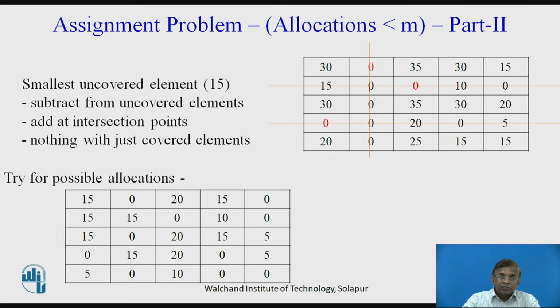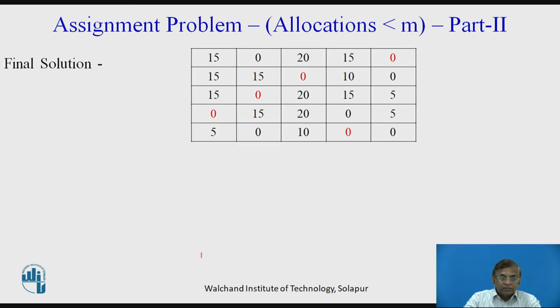And at intersection point cell 2, 2 we add 15, and that's how we get 15 here. Thus we get this complete table at the left bottom after performing these 3 types of operations on different types of elements.